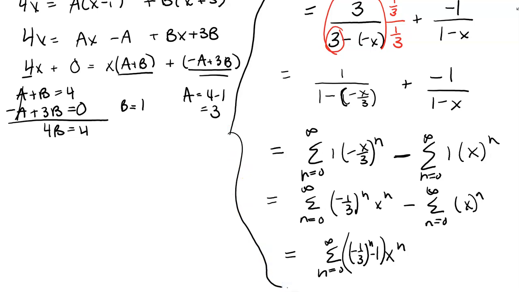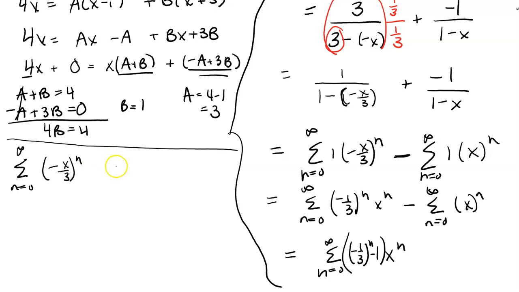Now, of course, we need to figure out the interval of convergence here. So I'm going to take it one at a time. I'm going to take the sum from 0 to infinity of negative x over 3 to the nth power. That's a geometric, and we know that for that one, the absolute value of r has to be less than 1.